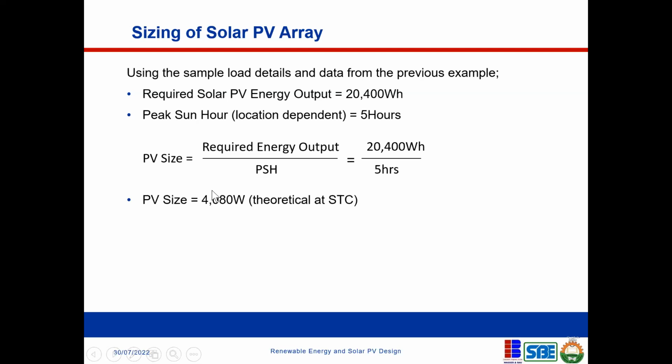So you need a PV system of 4,080 watts. But the challenge is that 4,080 watts is at standard test condition, which is laboratory test condition. That's when you will have 4,080 watts. And the standard test condition we mentioned in our class is 25 degrees centigrade.